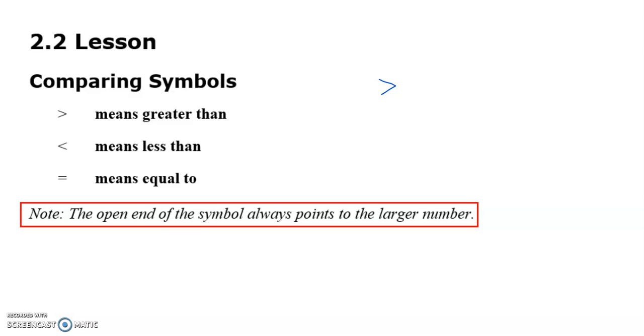And this is a bit old school, but the Pac-Man is eating the greater number. So I always think, okay, if I've got a 9 over here and a 2 over there, then I'm going to have that open side facing the 9 because he's hungry and he wants to eat the greater number. So greater than, less than symbols, the orientation can be remembered that way.